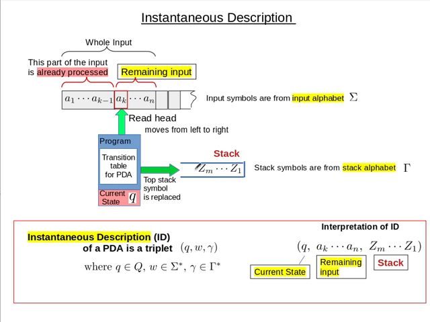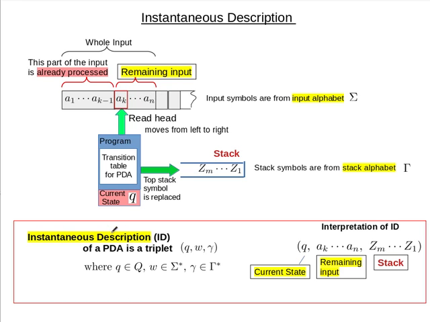So these two things are required to describe the current configuration of the machine, and on top of that, it is also helpful if we include the remaining part of the input in the description. The remaining part here is AK up to AN, because it is yet to process this symbol.